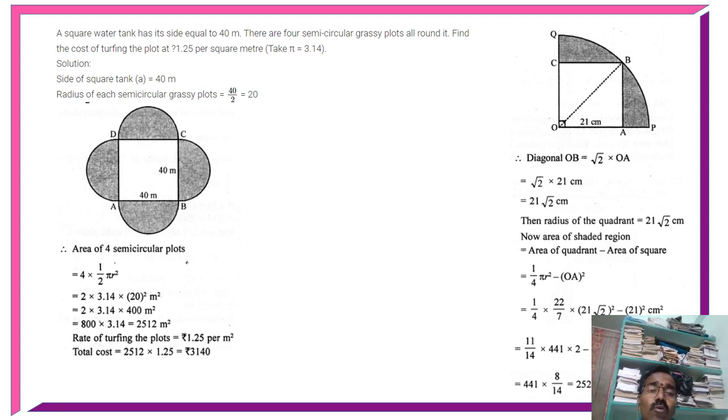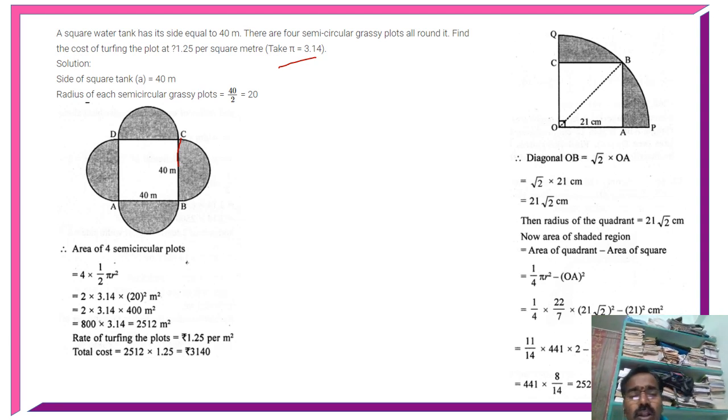Please note down this value also, students, not to get confused. Side of the square is 40 meters, so the diameter is 40 according to the question. Radius will become 20. So area of 4 semicircles equals 4 into 1 by 2 pi r square, because the area of a semicircle is half into area of circle, that is half pi r square.